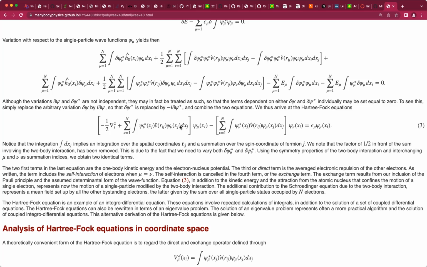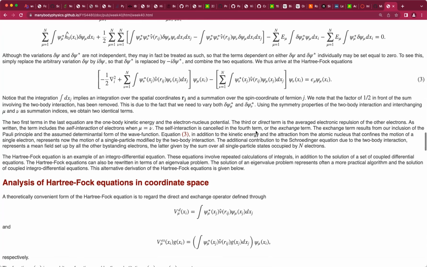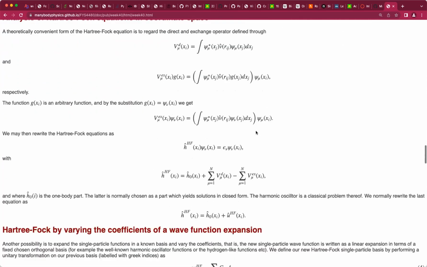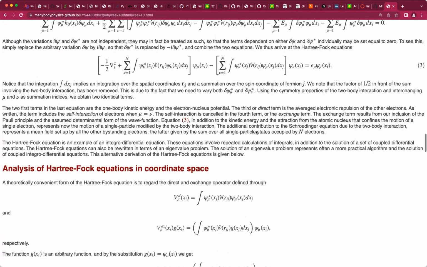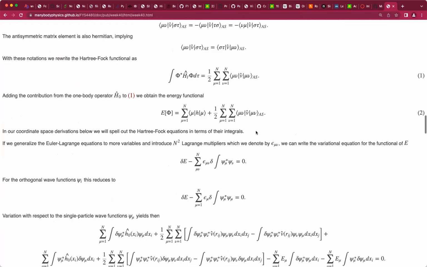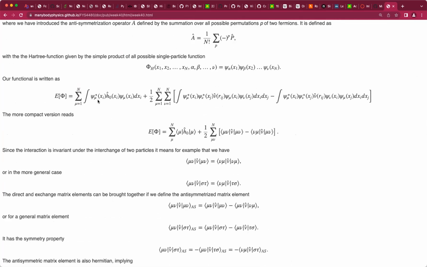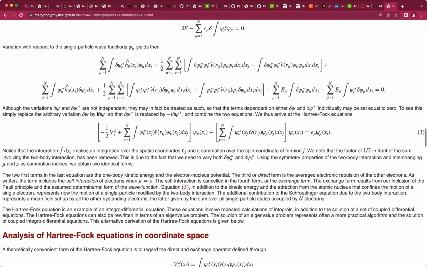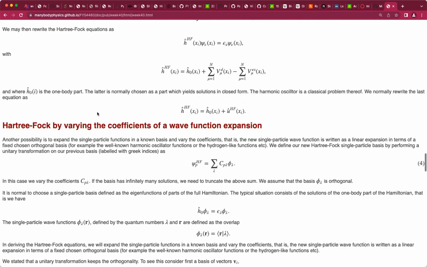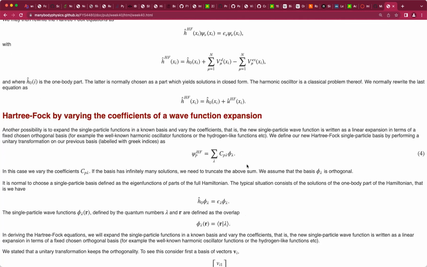So the alternative is to pre-calculate these matrix elements in a given basis. Instead of varying the wave function itself as we did yesterday, where we took the single particle wave functions and varied them, now what we're going to do is to vary the coefficients of a linear expansion in terms of a chosen basis.